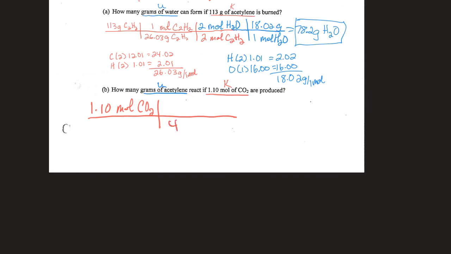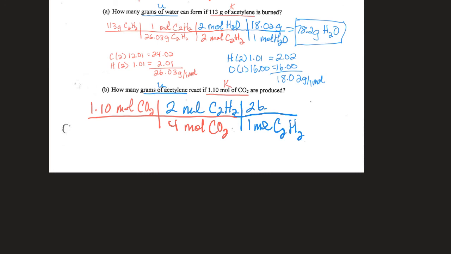So I've got 4 moles of CO2 per 2 moles of water. Oh, sorry, it says acetylene is my unknown. Let me back up. C2H2. Now I'm ready. I'm looking for grams, so I have to have one more conversion factor. 1 mole of C2H2, and I've already calculated that, is 26.03 grams. And now I'm ready for my calculator.